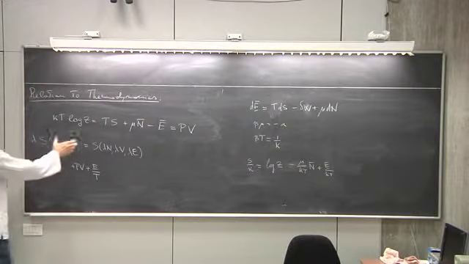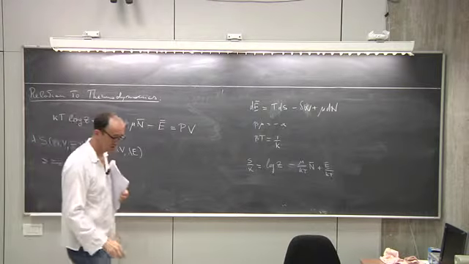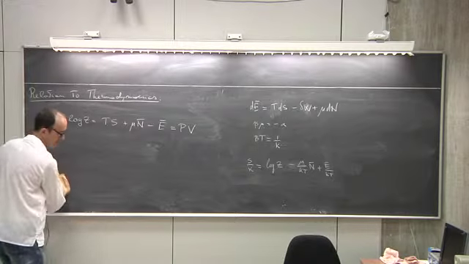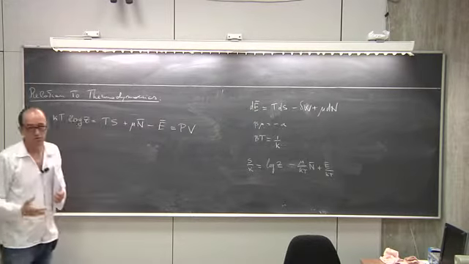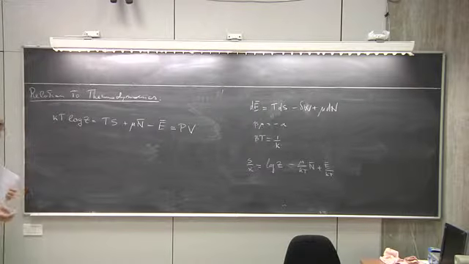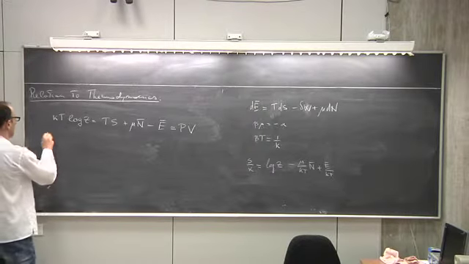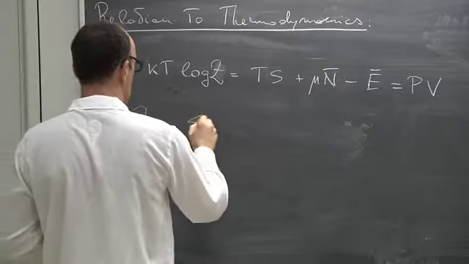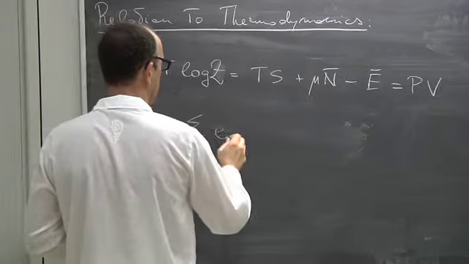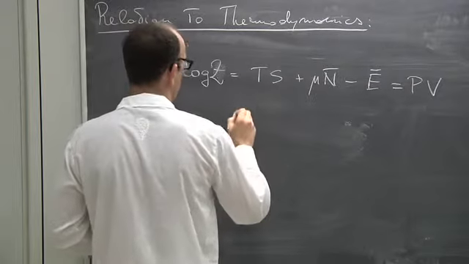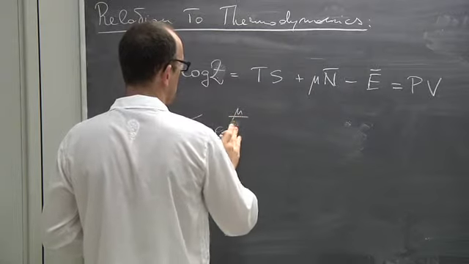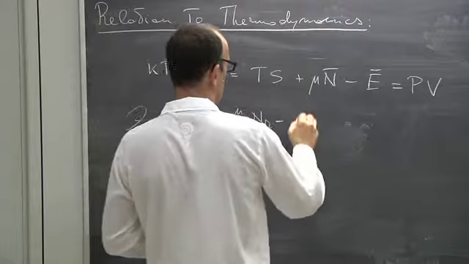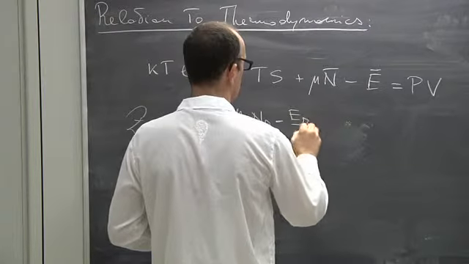So the recipe to compute physical properties in the grand canonical ensemble is to compute this grand canonical partition function, which is the sum over all the states of e to the mu divided by kT times n_r minus E_r divided by kT.